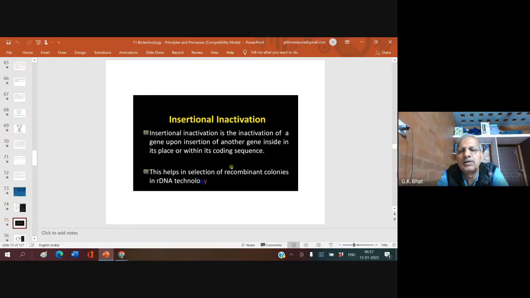Insertional inactivation is the inactivation of a gene upon insertion of another gene within its coding sequence. Whenever we insert a gene in the coding sequence of another gene, the gene that got inserted into becomes inactive. This helps in the selection of recombinant colonies in recombinant DNA technology.